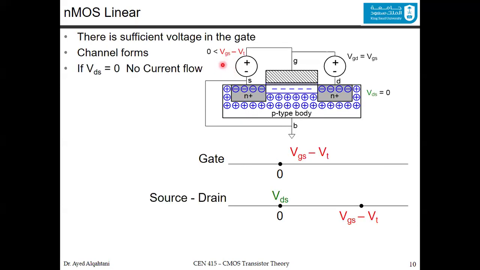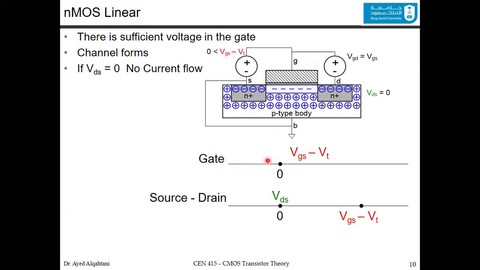Now, if we increase the voltage where VGS minus V threshold is now larger than 0, this means that you are starting to form this channel below the silicon oxide.